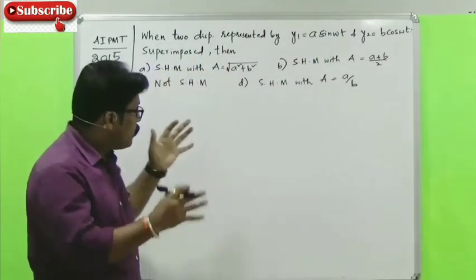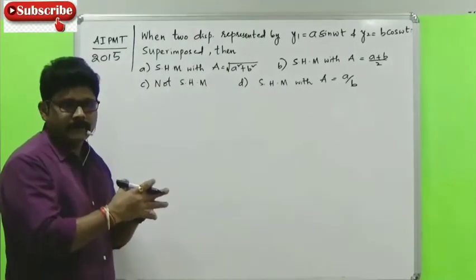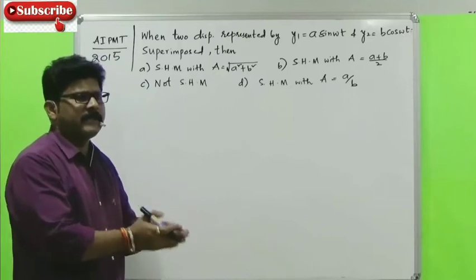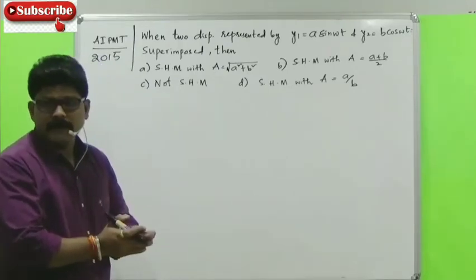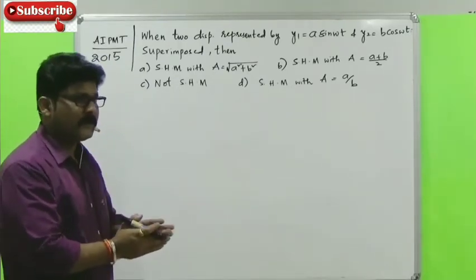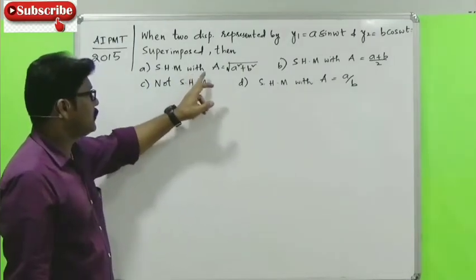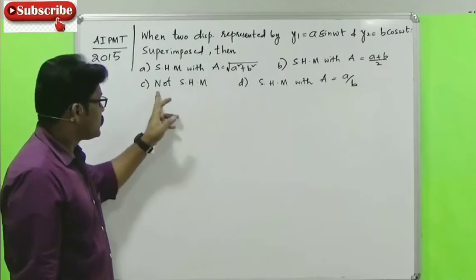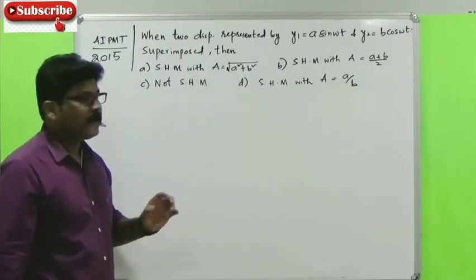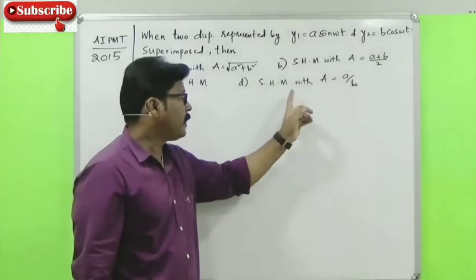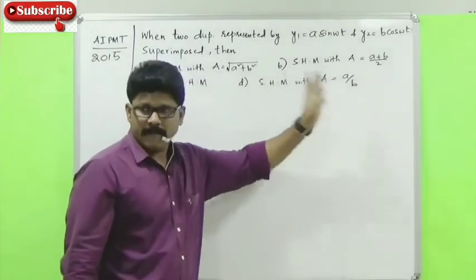If both are superimposed, then can it be a simple harmonic oscillator or oscillation? This is the question. So you see, a simple harmonic oscillation with amplitude given; it's not a simple harmonic motion; here simple harmonic motion with amplitude (a plus b) by 2; simple harmonic motion with A equals a by b.